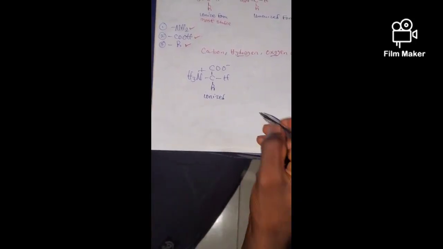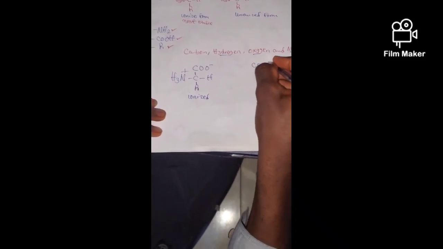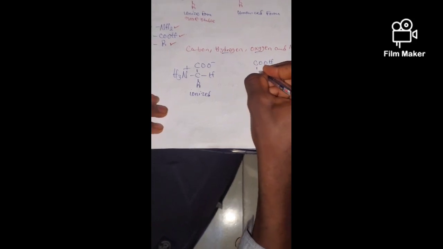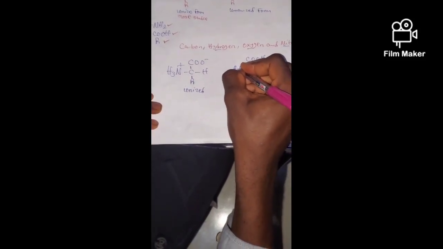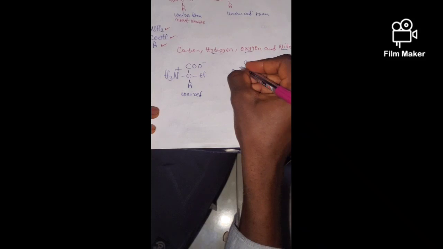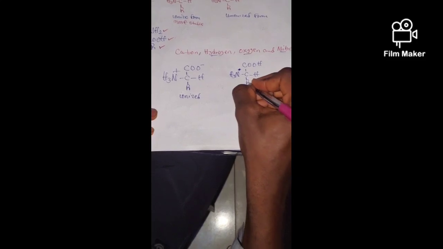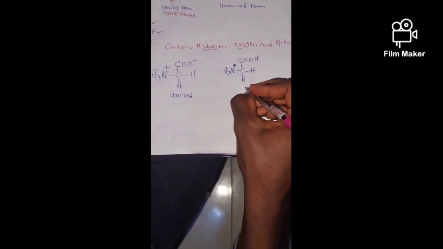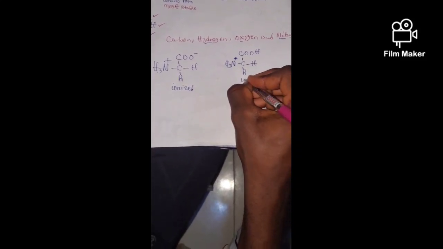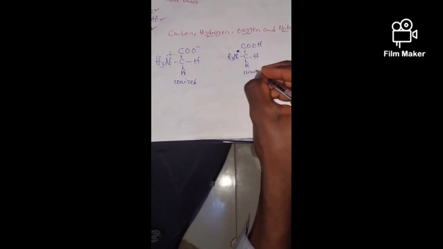We have the unionized structure as well. The unionized structure of amino acid is going to be in this way. We have this. Sorry, there shouldn't be a positive here, and we have the side chain here. So this is the unionized structure of amino acid.